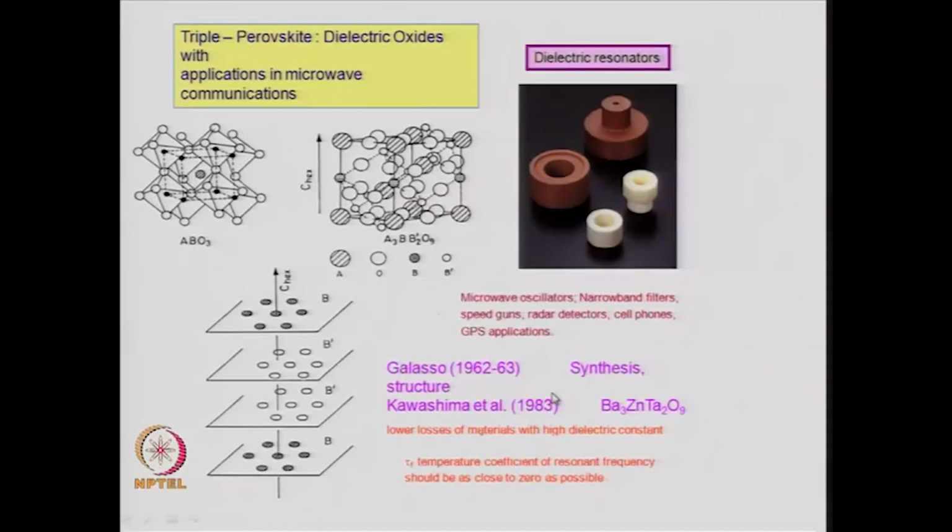If it is 0.1 or 0.01, then it is not so good for microwave applications. So, these are different points about microwave dielectric materials applied in communications and in defense, in radar technology, where these materials are being used.